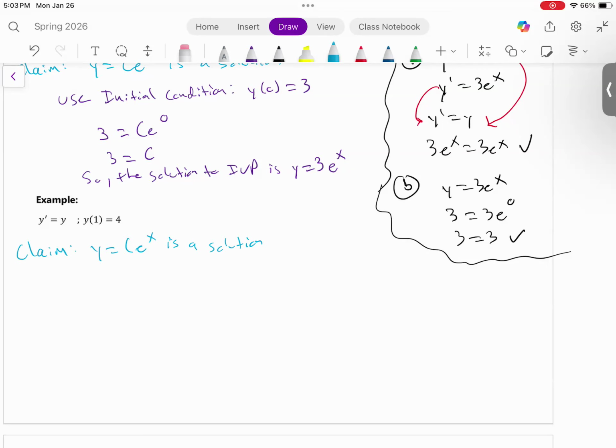We're going to do the same thing and plug in our initial condition, y of 1 equals 4. So I'm going to plug in 4 for y and 1 for x. Not as clean as the previous example, but it's not too bad. We just have 4 equals c times e. I want to isolate c, so this would be 4 over e.